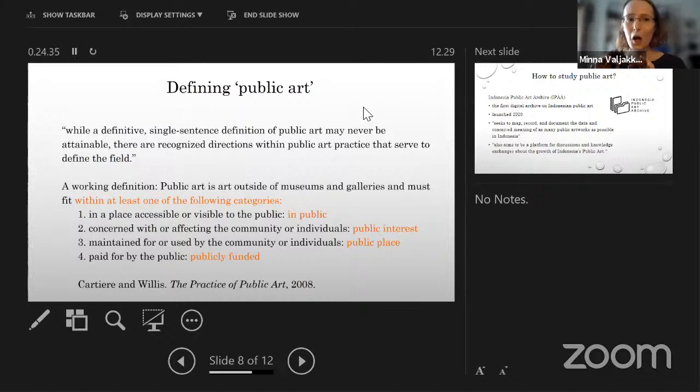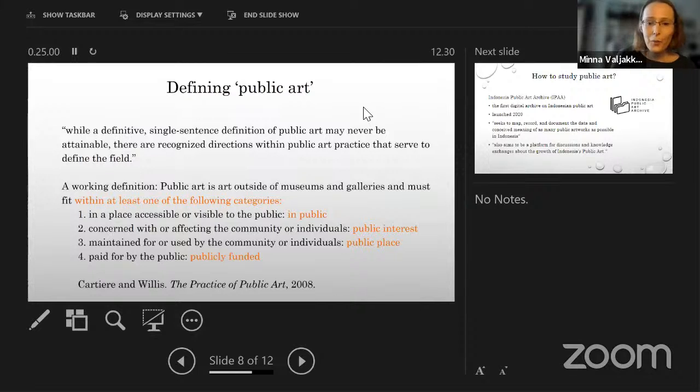This is one of the most useful working definitions I have found, by Cartier and Williams in their book, The Practice of Public Art. In case your university would be interested in obtaining one book in English, this might be the one. You get a quite concrete understanding of the international perspective of public art today.